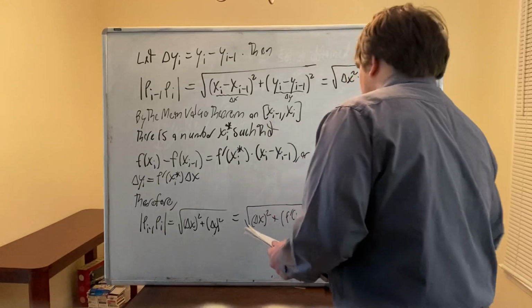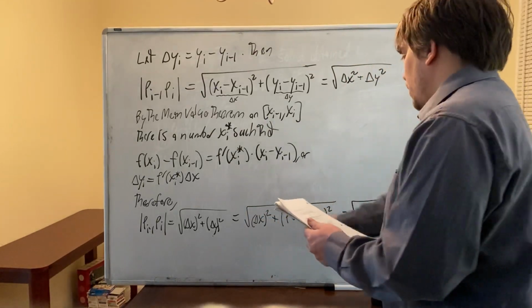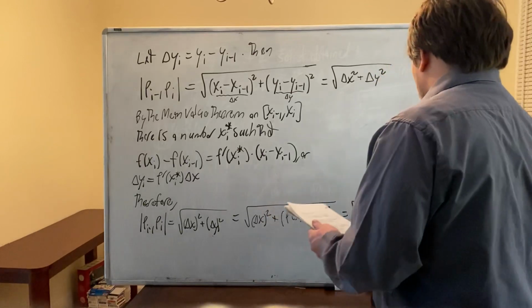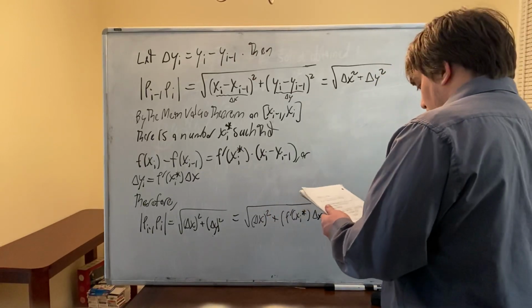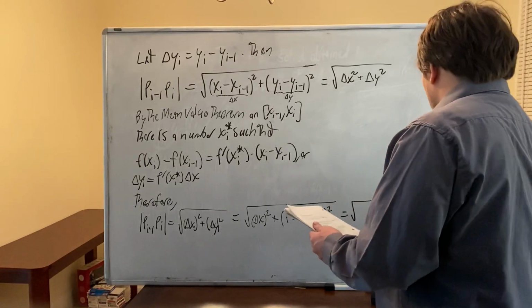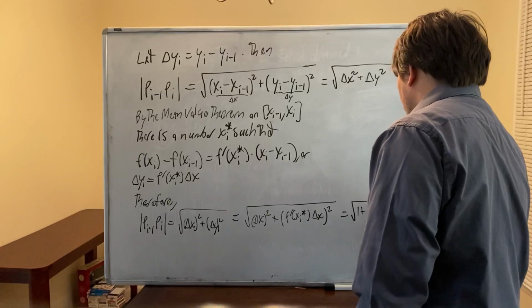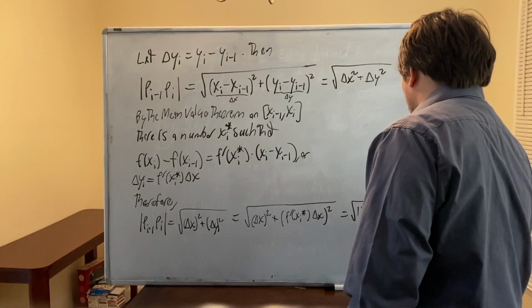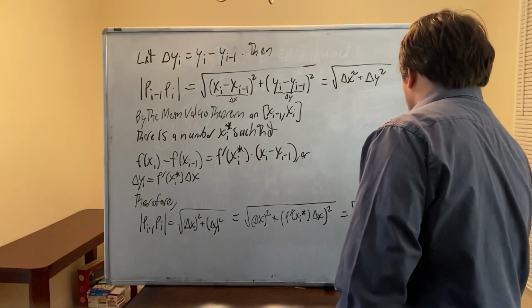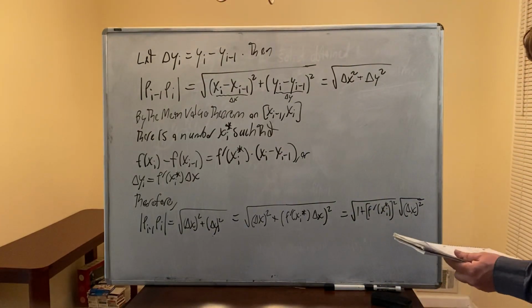And so this is equal to the square root, factoring out the delta x squared, of, well, I'm about to put in, times the square root of delta x squared. And in here, you put 1 plus f prime of x sub i star squared. Okay?